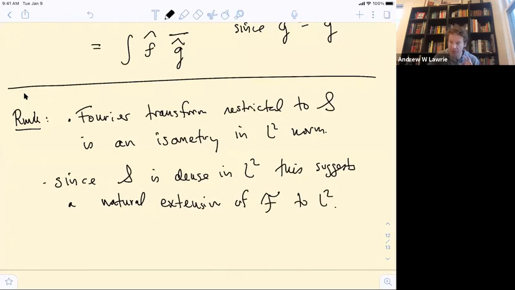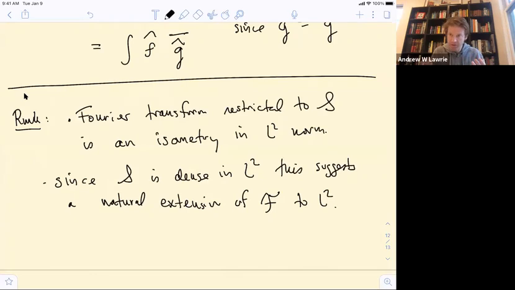Note that we don't know how to take the Fourier transform of an L2 function yet, because we know how to take it of an L1 function. We need that integral, a function times e to the minus 2 pi i x dot xi, to converge. If f is an L1 function, that's integrable. But if it's an L2 function, there's no obvious way to make sense of that integral.